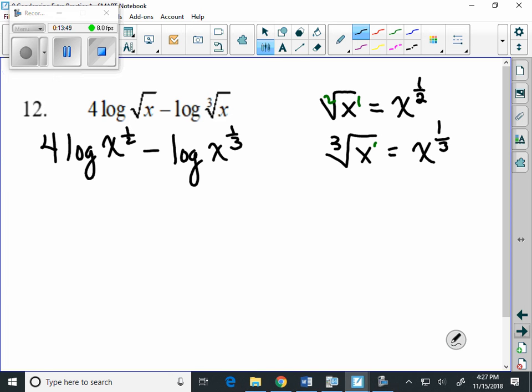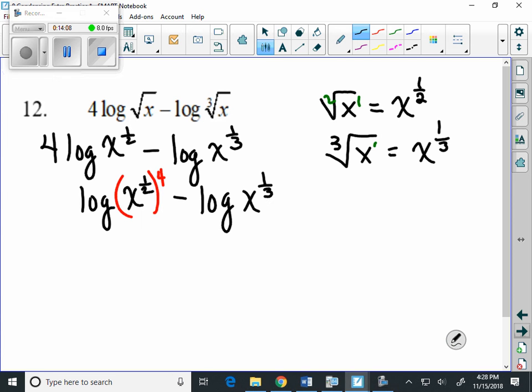We've got the 4 for a coefficient, so we're going to use our power property of logarithms. We're going to take that 4 and rewrite it as log of x to the 1/2 raised to the 4th, minus log of x to the 1/3.